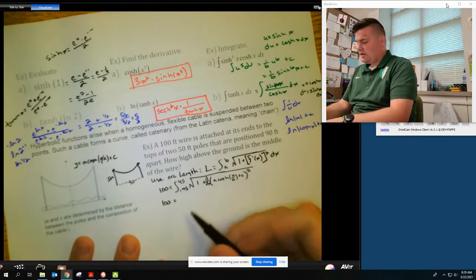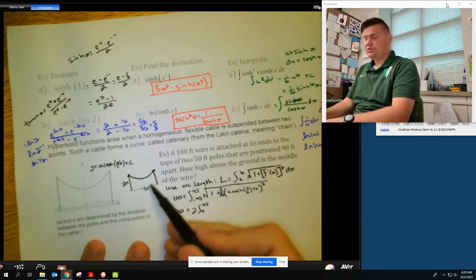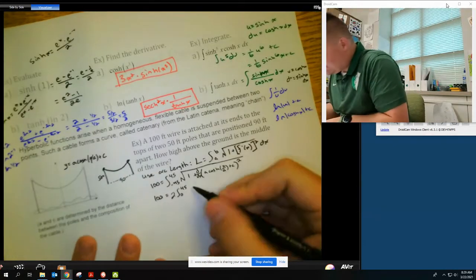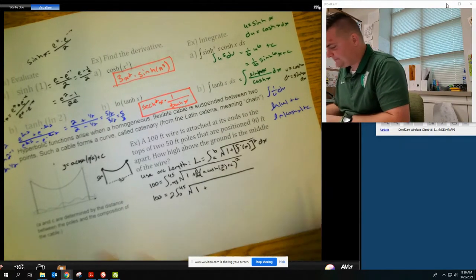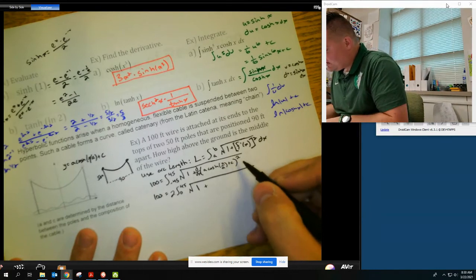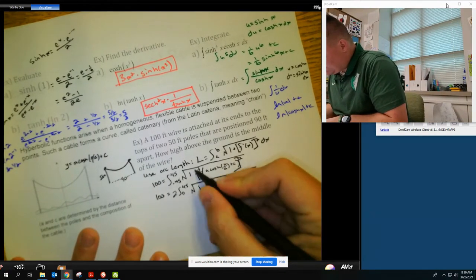By the way, we can't integrate this from 0 to 45 because it's an even function, as you can see right there. And then the derivative of the inside there is going to be 1 plus, let's see here. Oh, technically, if I want to do the notation correctly, I should probably put little brackets around it.